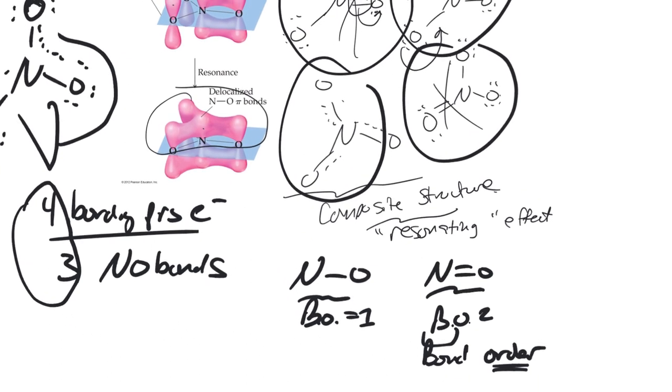A double bond has a bond order of 2. A bond order of 2 just means you have 2 pairs of electrons spread across the one bond. That's the idea of bond order. A single bond has 1 pair of electrons across the one bond. And then we're saying here for nitrate that this bond order would be about 4/3, because we're just spreading that extra double bond across those 3 NO bonds simultaneously.